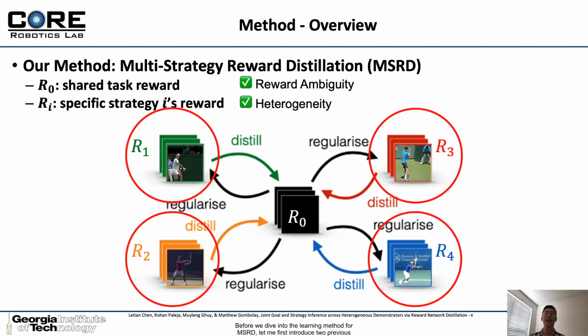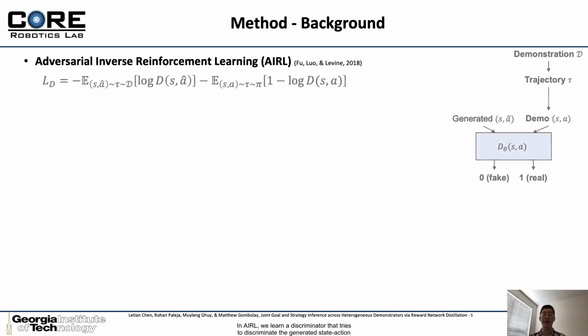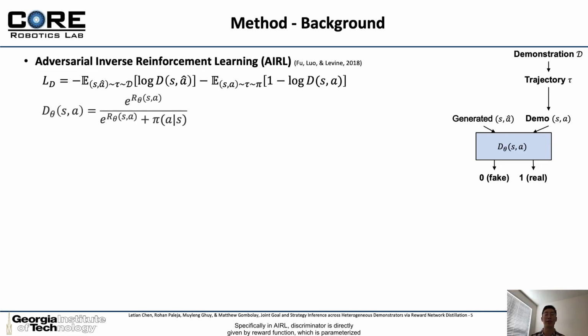Before we dive into the learning method for MSRD, let me first introduce 2 previous works that are the foundation of MSRD. The first one is adversarial inverse reinforcement learning, an AIRL algorithm. In AIRL, we learn a discriminator that tries to discriminate the generated state action pair and the demonstrated state action pair. Specifically in AIRL, the discriminator is directly given by the reward function, which is parameterized by theta.